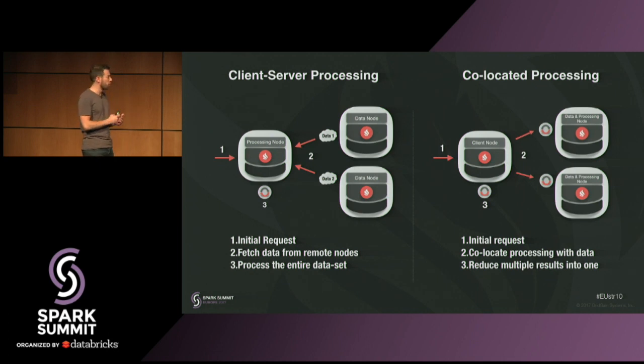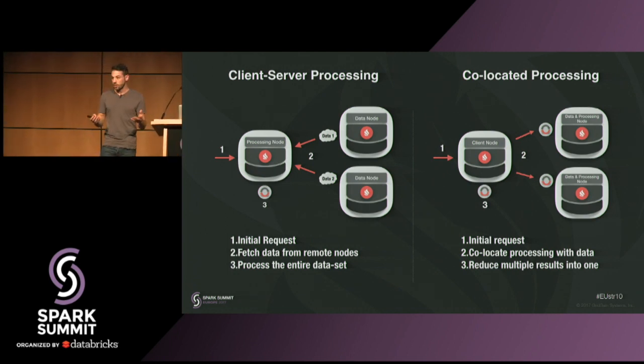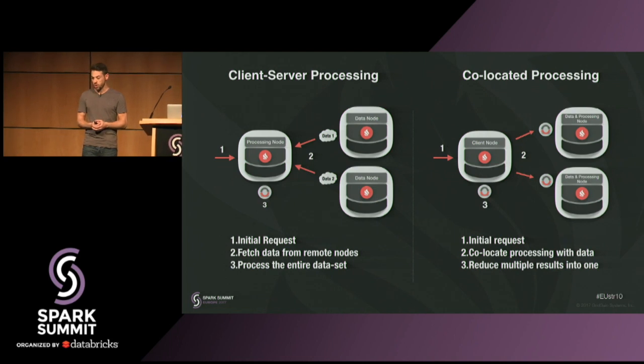But more importantly, when we look at it in terms of processing, you have client-server processing, where I can read the data and process it, but also co-located processing, where I can send the computation or the change request to the data or the node that actually hosts that data. What this means is we reduce network traffic, right? There's no calls between the nodes to get the data that's required.